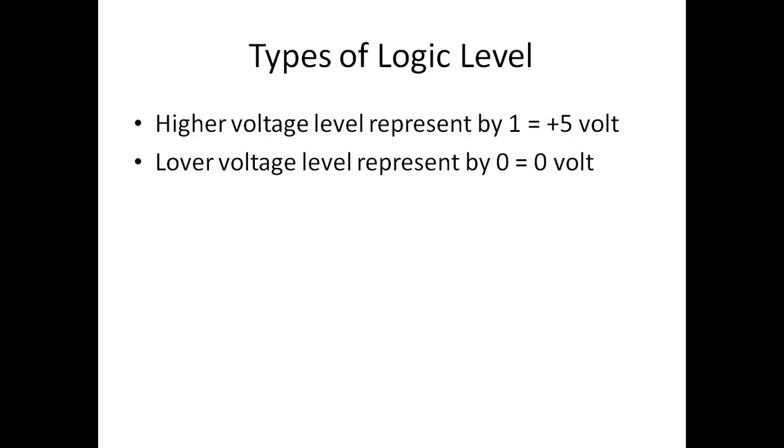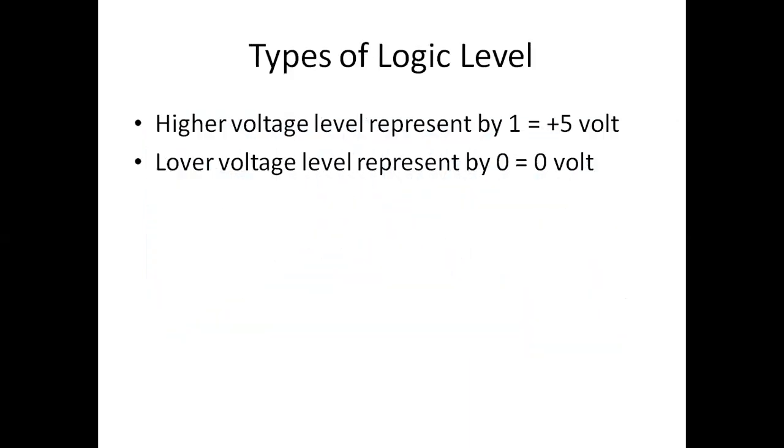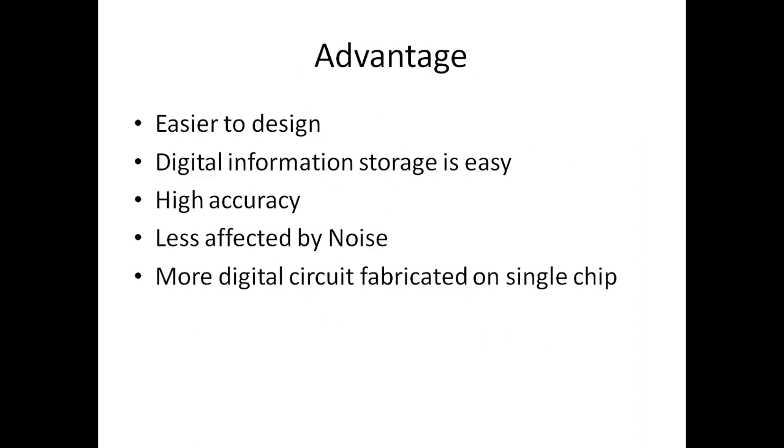That means in a digital system only two values are possible, 1 or 0. We can see this in the diagram of analog and digital systems. The first one is the analog signal, the second one is the digital signal.